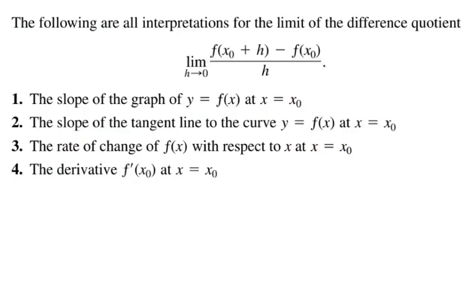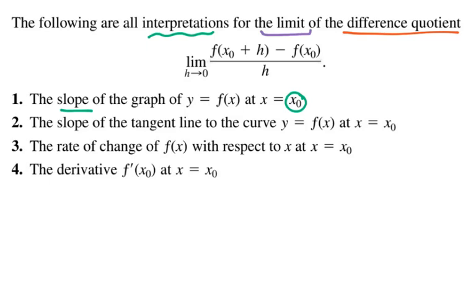So to summarize, if we look at this difference quotient, remember this is my difference quotient, if we look at the interpretation for that limit, the limit as this gap between my x's, h, as h approaches 0, what does that represent? We have many interpretations. It represents the slope of the graph at some specific x sub 0 point.